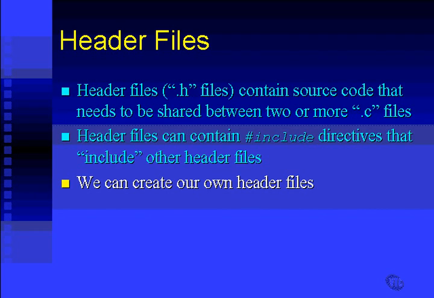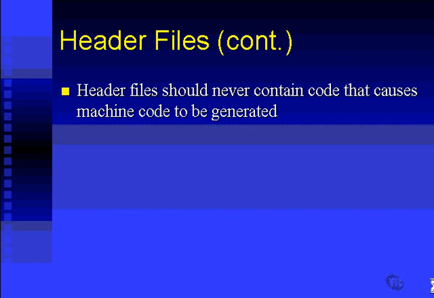Okay, what else do we need to know about header files? Well, this is quite important. What do you find in a header file? Header files never contain code that causes machine code to be generated. What does that mean? Well, you'll never find code in an include file that reads something like int x = 5; y = x - 3.